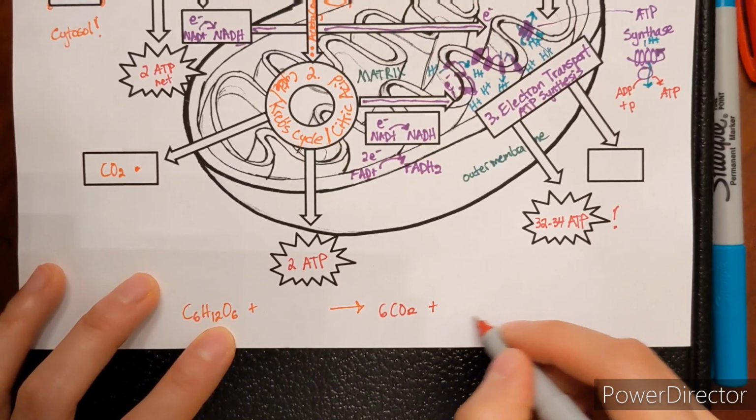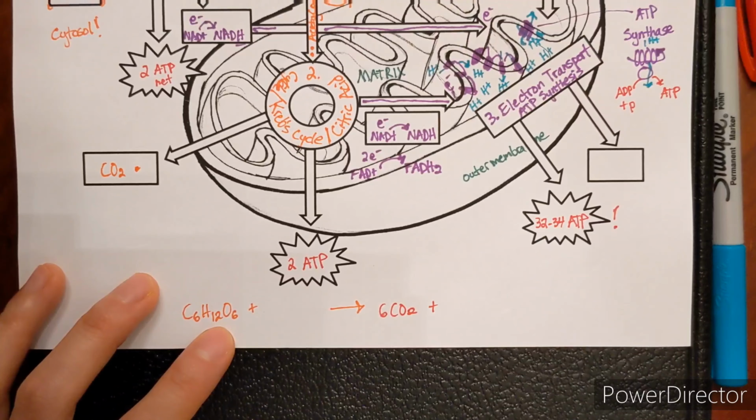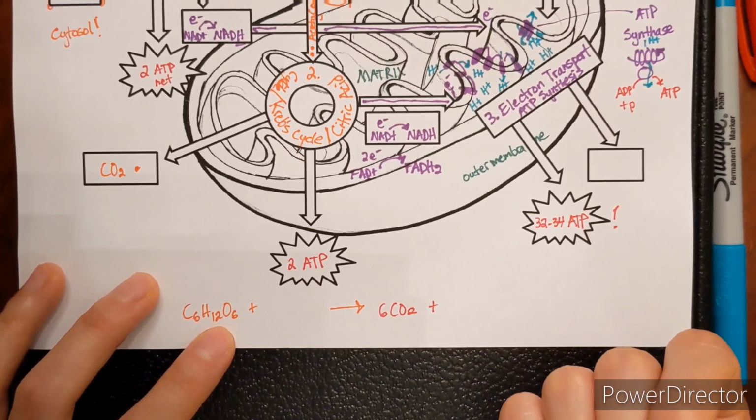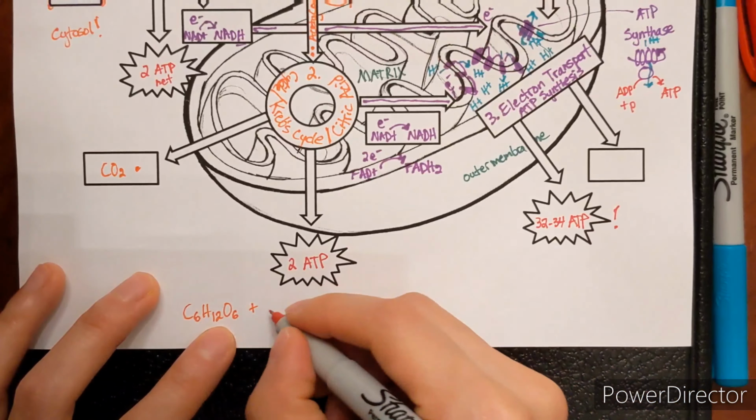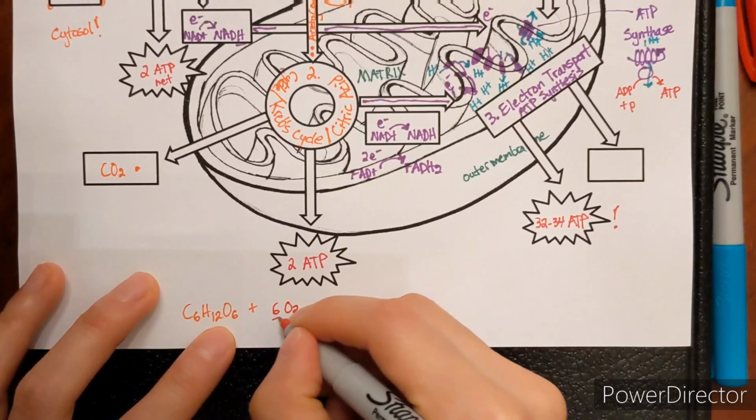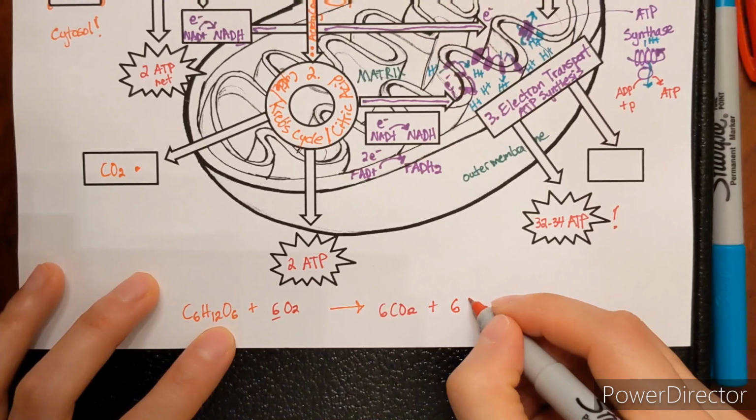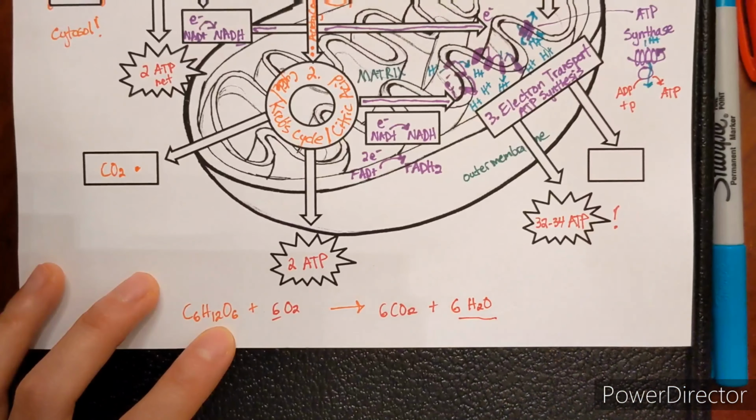And then it's going to give me something. Basically, I'm missing the 2 biggest parts of my equation here. And those 2 biggest parts are 6 oxygens and 6 waters. And that is where these 2 molecules come in, only at the very, very end.